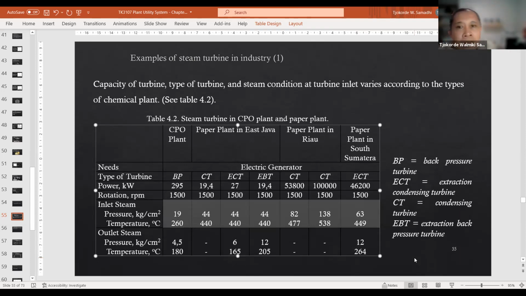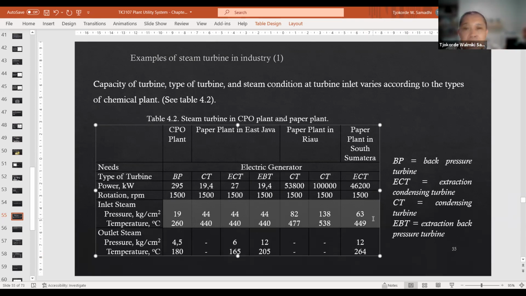I will show you in the next chapter that specifying the temperature and pressure of the steam boiler is perhaps one of the most important works in the design of the steam system. That condition, the steam pressure and temperature generated by the boiler, is often dictated by these numbers in the steam turbine.